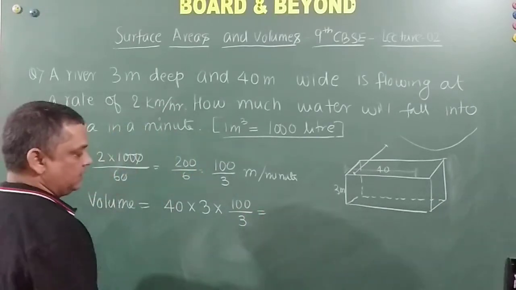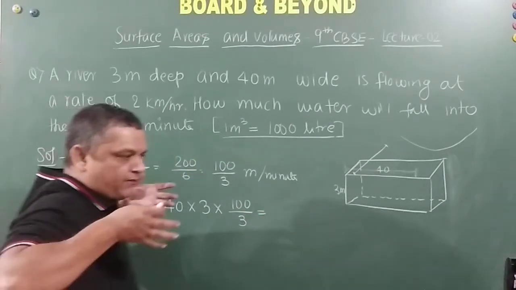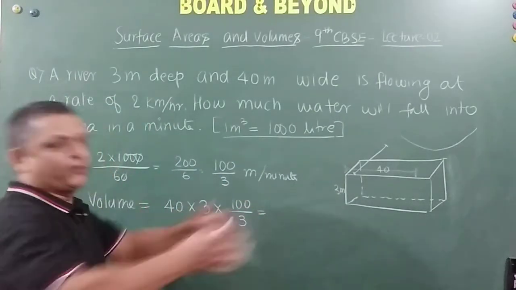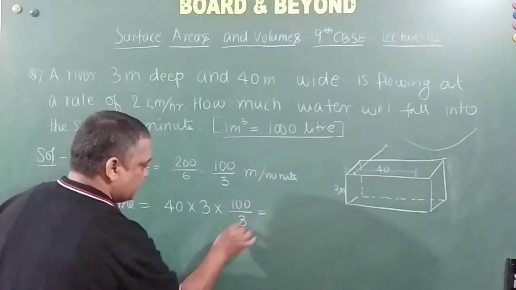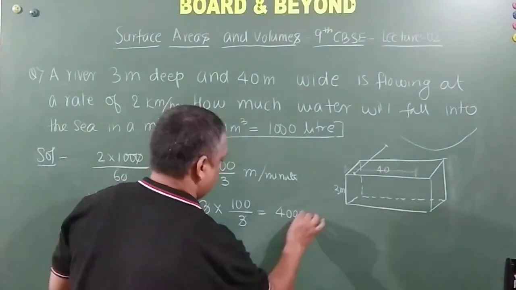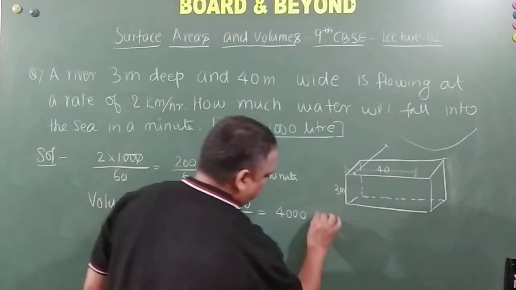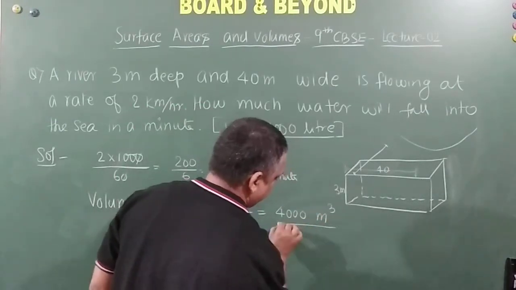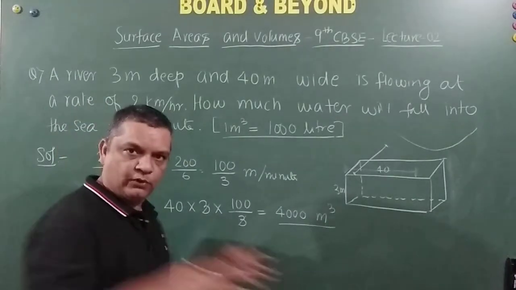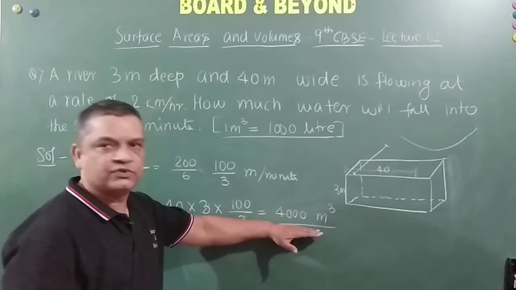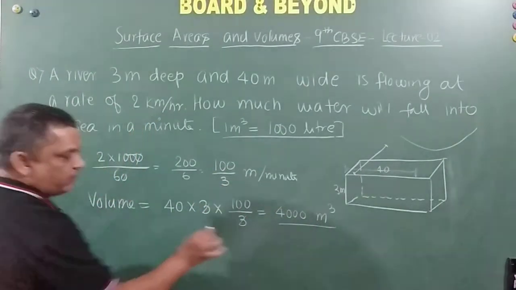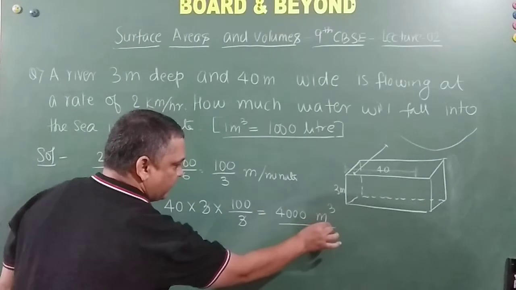So in 1 minute, the volume of water which will actually flow in 1 minute, this will give me the volume of water which is flowing in 1 minute. So this is equal to 4000 meter cube, right friends? So in 1 minute the volume of water which will flow through the river is 4000 meter cube and it will go into the sea.